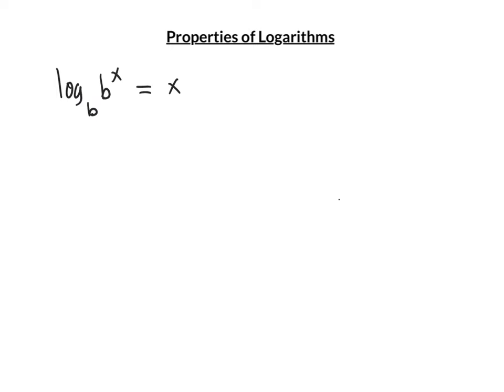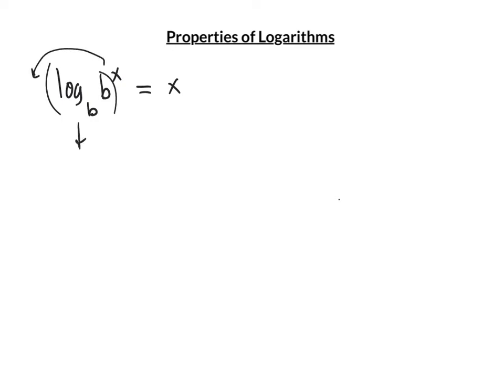There are a couple odd rules that are in the book, properties, that are just shortcuts. And here are 2 examples. First one is the log base b of b to the x is x. It's actually fairly easy to see why this works, because remember how a logarithm is an exponent, and we could bring this down?